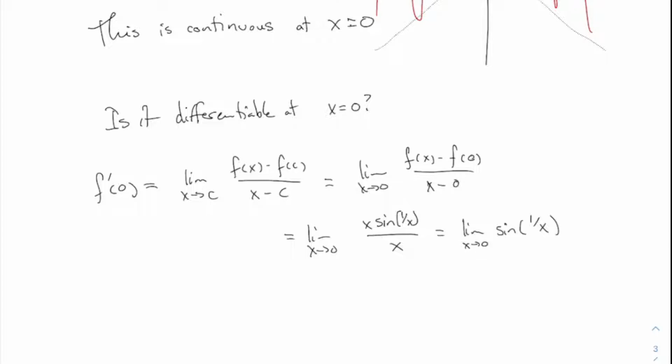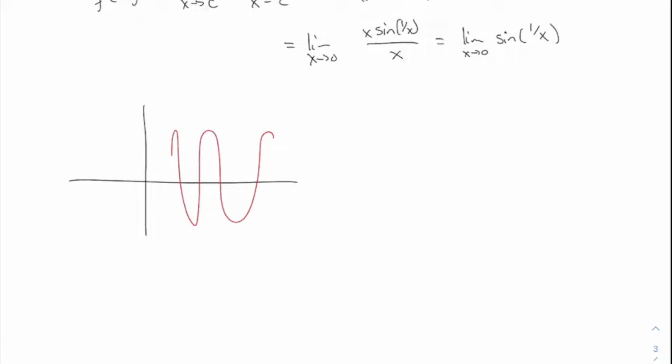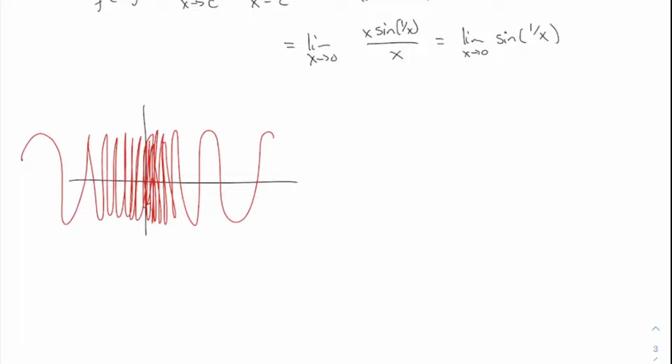This specific example we have done before. One way to convince yourself it doesn't exist is the graph of sine 1 over x is this one, and on the other side too. I'm asking what is the limit, like does this function approach any specific y value at the origin? And the answer is no, it doesn't. It approaches sort of all of these values at once. If you wanted to prove this, which I don't really want to get into the details, look back in your notes.